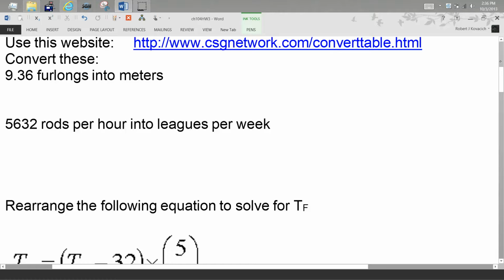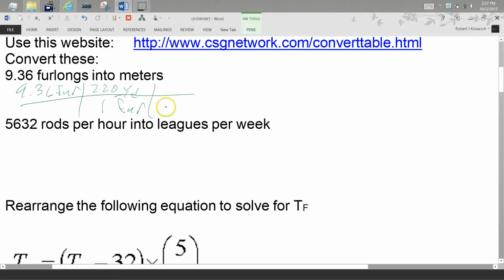So we're going to go from these furlongs into meters. So it's 9.36 furlongs, and for every 1 furlong, it's 220 yards.